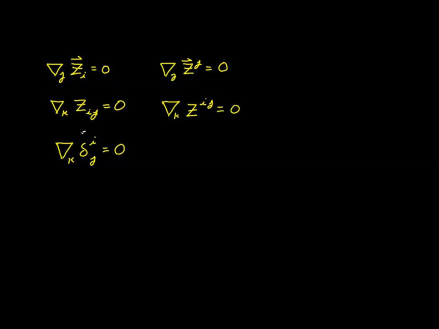So we can see immediately that our basis vectors are directly related to our metric tensors. But what about the Kronecker delta? How can we say that that is in any way related to the metric tensor? Why is it part of the metric family? Well, let's look at this. Suppose I had a tensor T_mj, and I decided that I wanted to raise the index of m into the upper position.